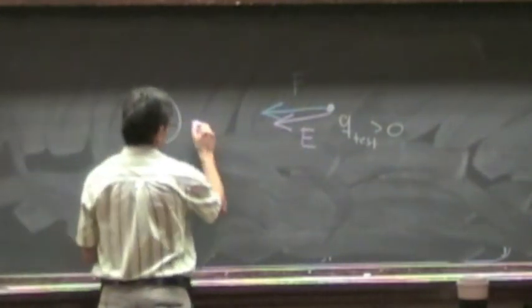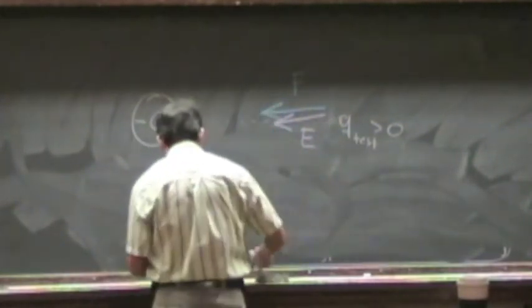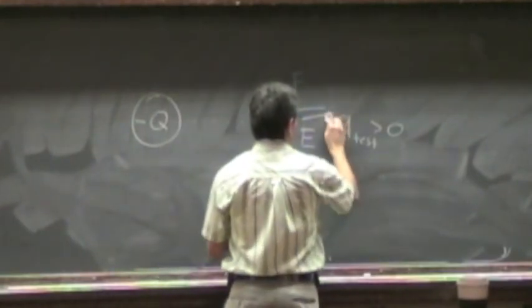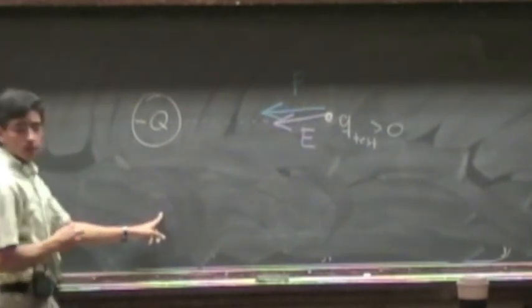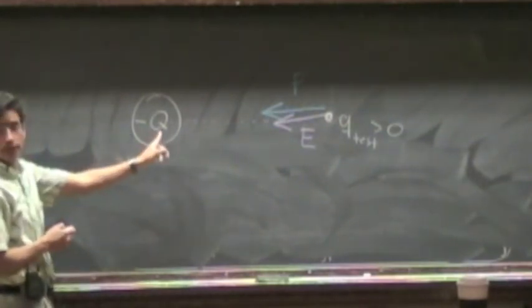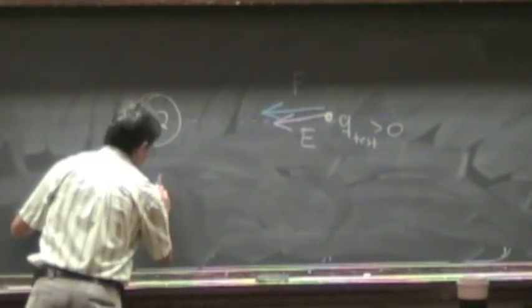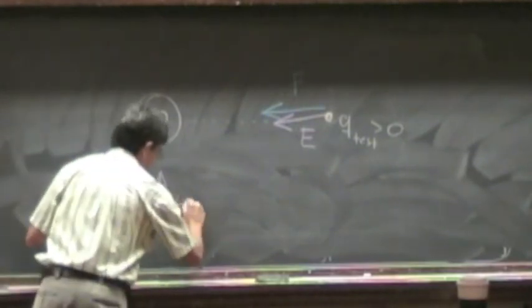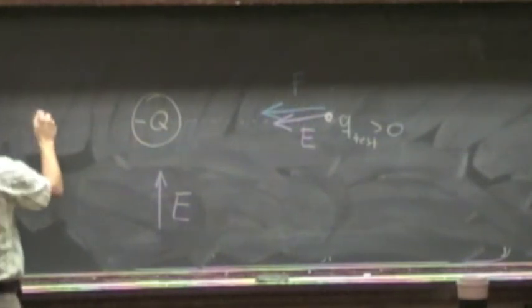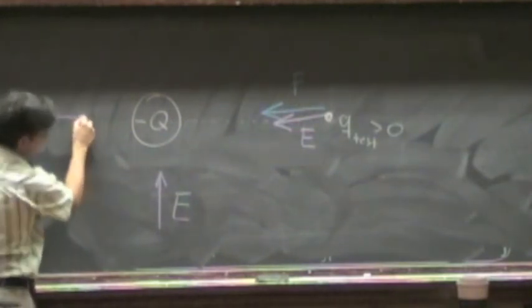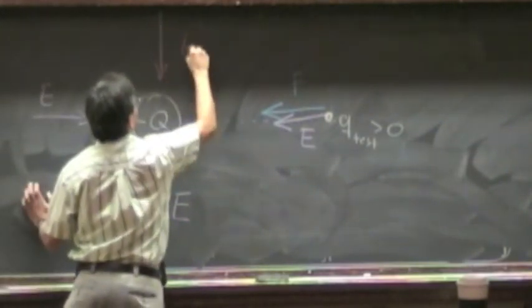I should be a little bit more careful with this direction. It's supposed to point along the line that joins them. Okay, and if I measure the force on the particle over here, it should point towards the negative charge. And if I divide it by the test charge, I get the electric field. So it should also be pointing towards the negative charge. And if I do it over here, bring my test particle here, measure the force, divided by its charge, the electric field will point that way. And if I do it over here, it's going to point that way.